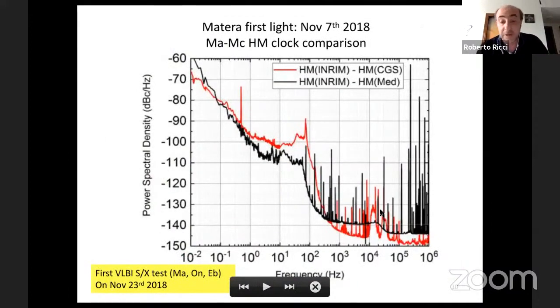This is the first light of the IQB frequency link, in particular the power spectral density of the frequency signal. One can see a few lines in this comparison between H masers in INRIM and Matera, and INRIM and Medicina, that are related to interference that can be worked through.